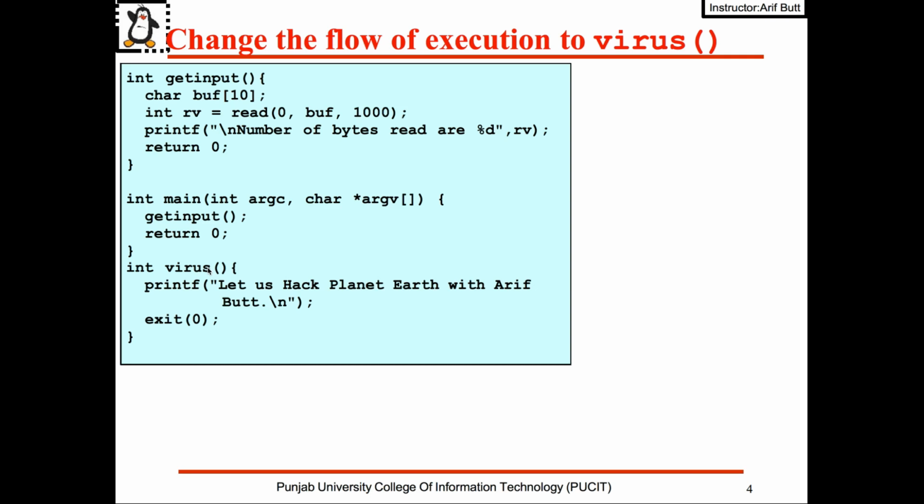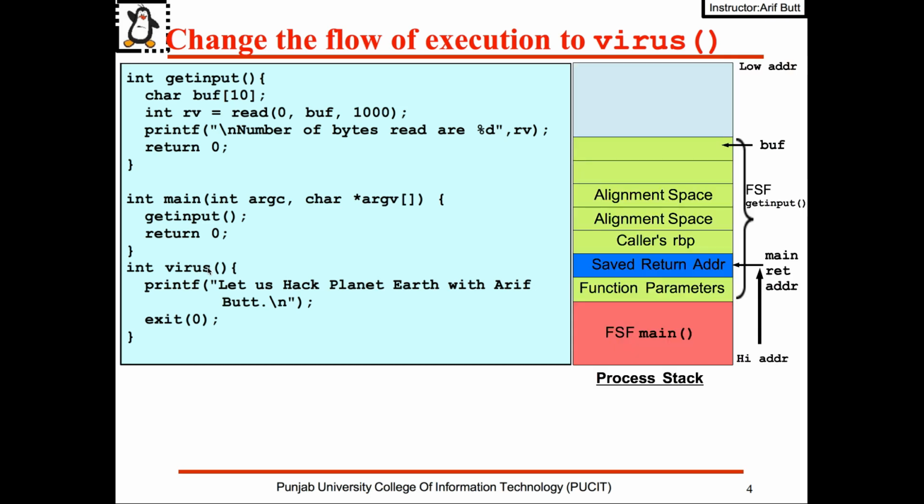From the knowledge of our video session number 38, this is the layout of the process stack when the control of execution is at this read system call. Observe the layout of the function stack frame of this get input function, particularly the saved return address, which will be containing the address of the next instruction inside the main after the call to the get input function.